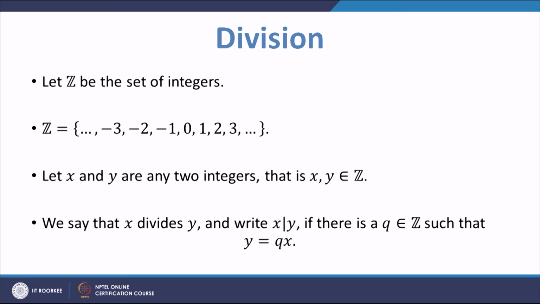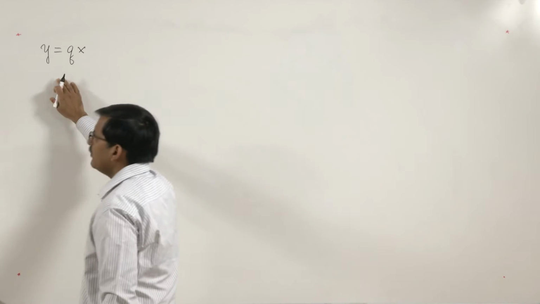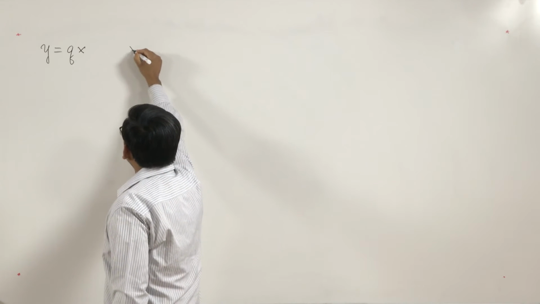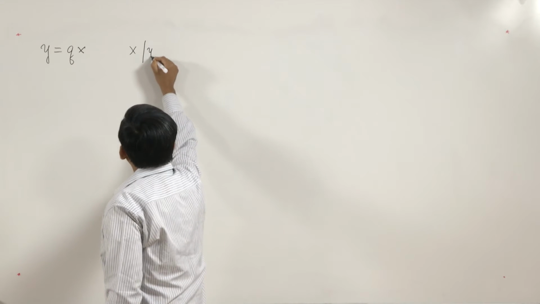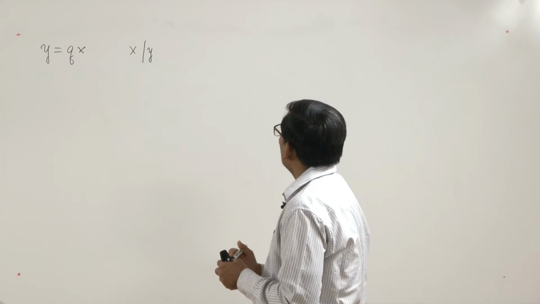Now, let x and y be two integers, that is to say x, y belong to Z. Then we say that x divides y if there is another integer q such that y is equal to q times x. If this happens, we write it symbolically as x, a vertical line, and y.